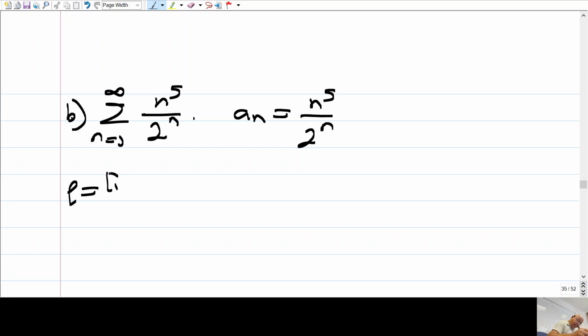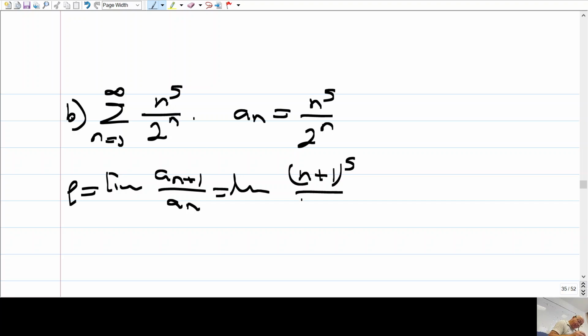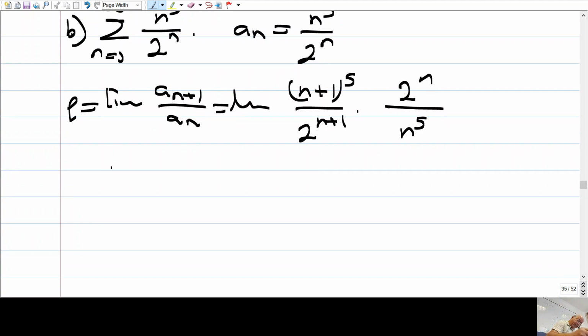Rho is the limit of a_(n+1) over a_n. So this is the limit of (n+1) to the power 5, 2 to the power n+1, and then 2 to the power n divided by n to the power 5.